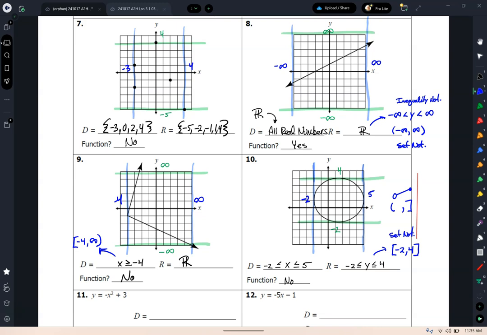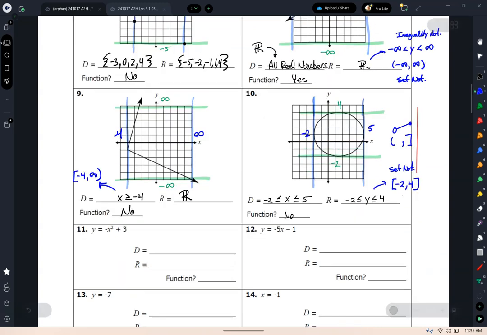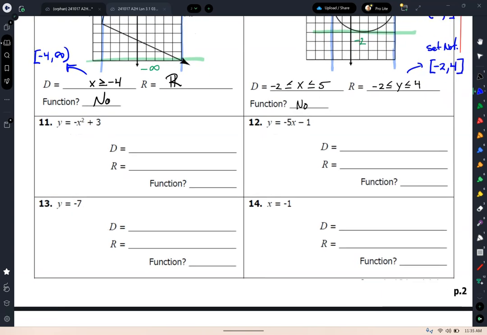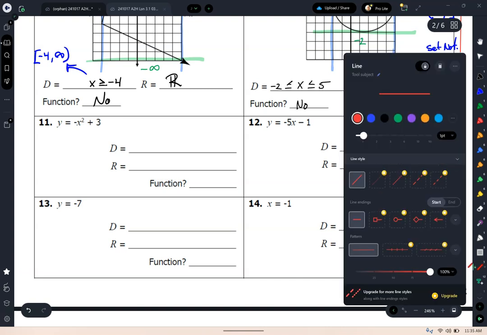Everybody good? Okay, now, we will eventually get to the point where you can look at these graphs, know what they are, and know what to do with them. For 12, 13, and 14, you should be able to create a visual image. Go ahead, do that right now. Better yet, let's just draw a quick and dirty graph.